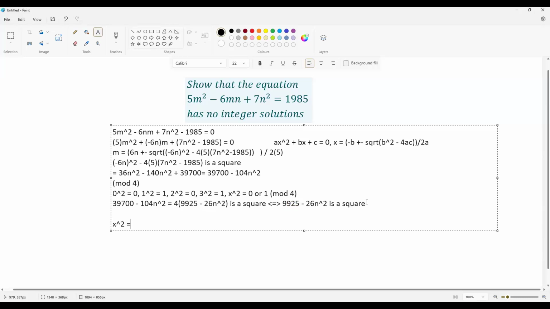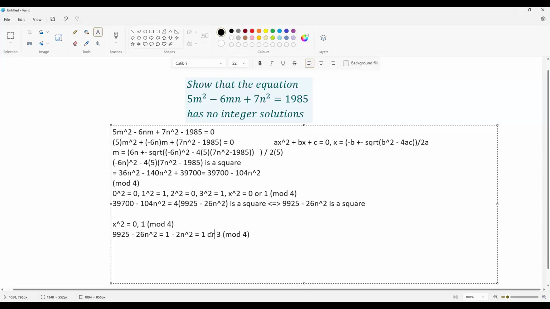We know that x squared is equal to 0 or 1 mod 4. So let's look at this thing. 9925 minus 26n squared is congruent to 1 minus 2n squared mod 4, which is congruent to 1 or 3.